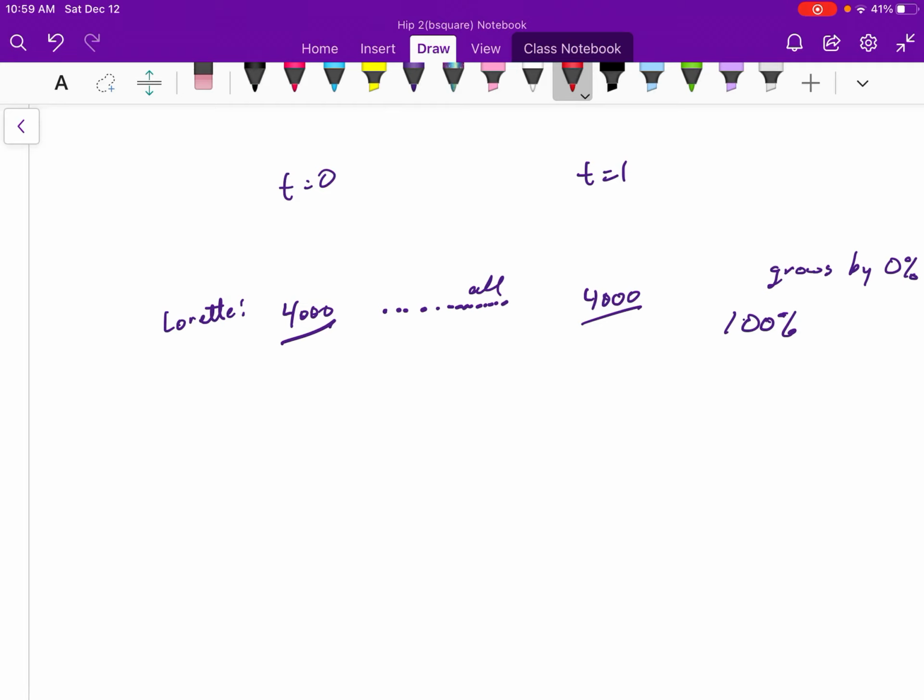All right, now let me take a look under the scenario. So this was under the scenario of 0% growth. Now I'm going to say, what if Lorette grew at 5%? Well, who cares what the number is? We're growing by 5%.